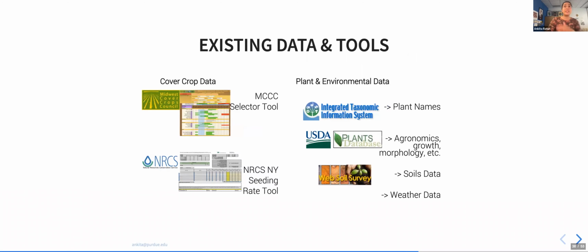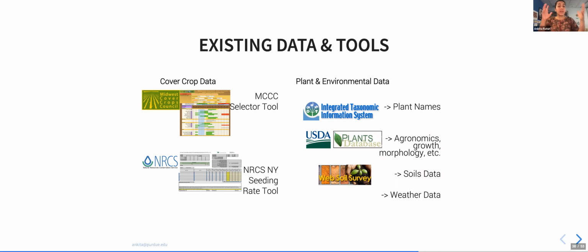So we started with a range of existing data and tools, our cover crop data. I should have mentioned that I'm going to be talking specifically about the construction of the Northeastern cover crop tools in this particular case. So we started with a Midwestern data set. We also had a data set from the NRCS New York seeding rate tool.